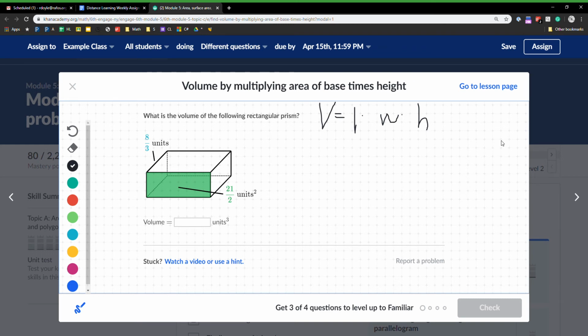The way I remember it is, imagine you find the area of a piece of paper, and let's say that the area is 10.